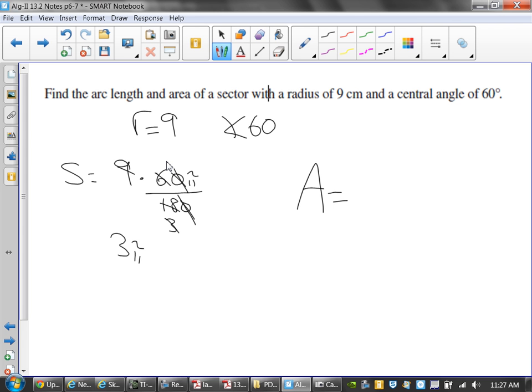Okay. The area, 1/2 radius squared times 60 pi over 180. So you get 81 times 30 over 180. Put a pi there.